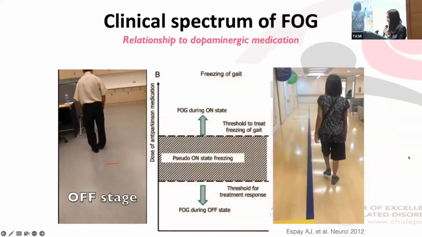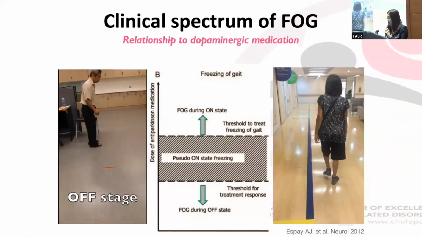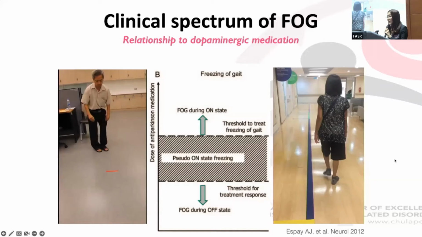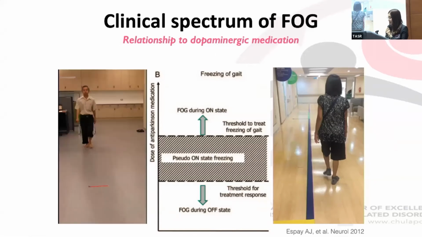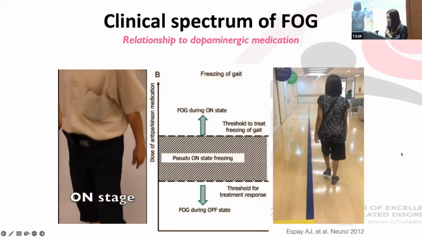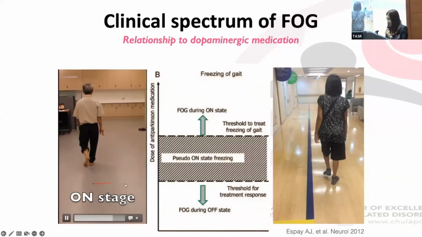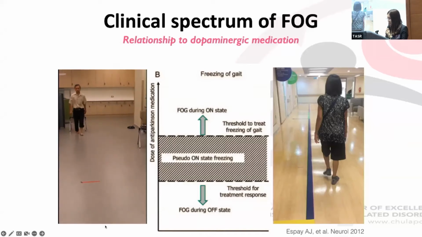And freezing can occur in different situations in relation to dopaminergic medication. This demonstrates that FOG or freezing partially involves the dopaminergic system. Off freezing is found in the majority. You can see in the left video that freezing improves after we increase the dopaminergic medication.